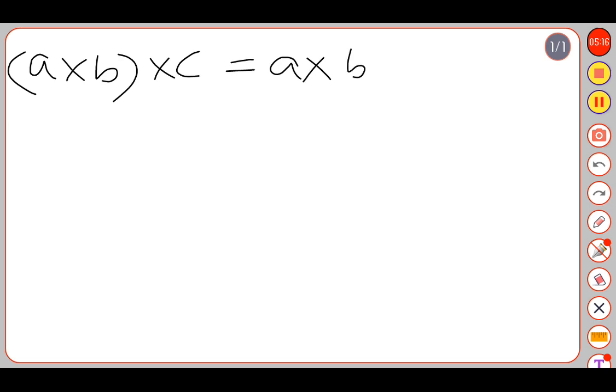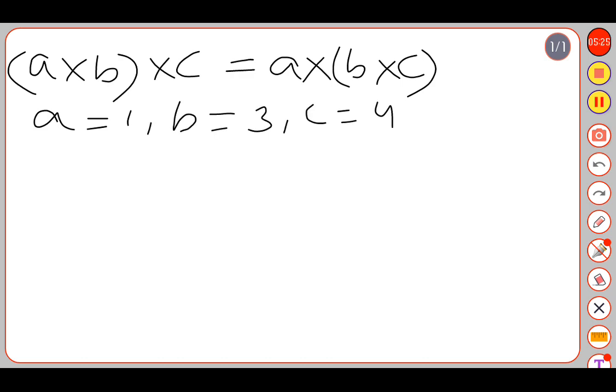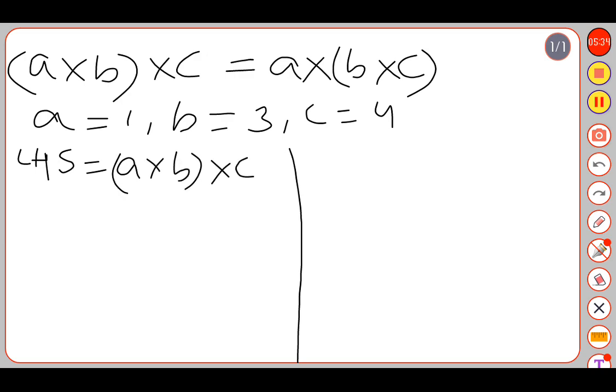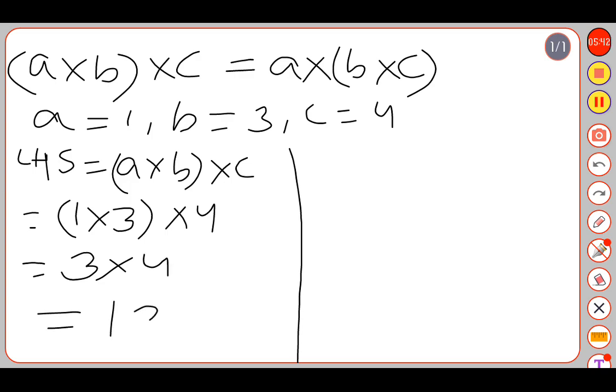Now we will move towards multiplication. For a number to be associative under multiplication, it must obey the following rule: (a × b) × c equals a × (b × c). So let us take a equal to 1, b equal to 3 and c equal to 4. Here LHS equals (1 × 3) × 4, that will be 3 × 4, that will be 12.